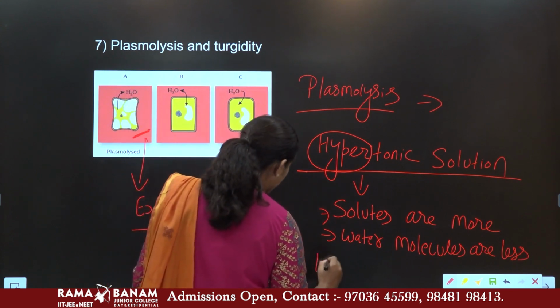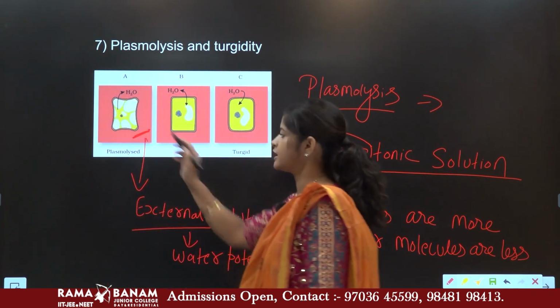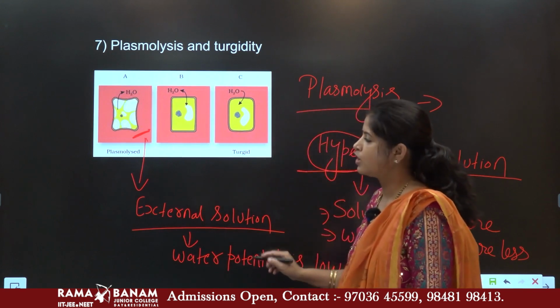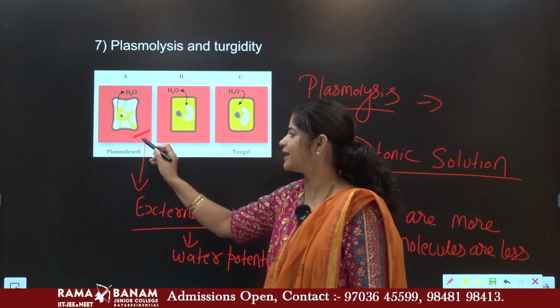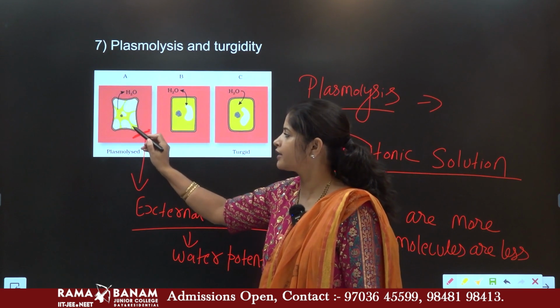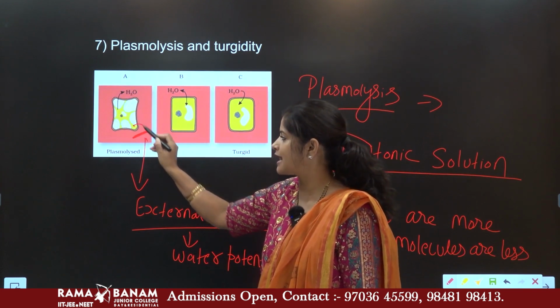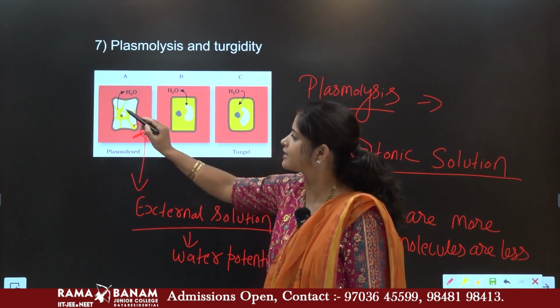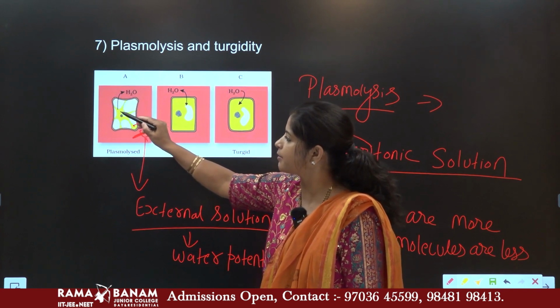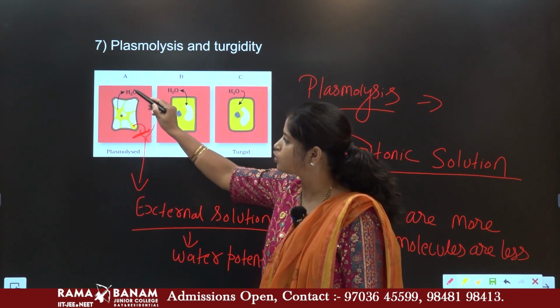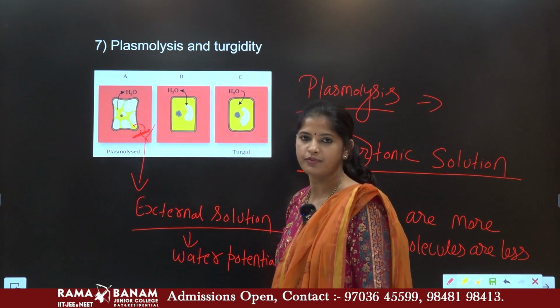In external solution, water potential is low. So when water potential is low in the external solution, water moves from the cell. You can see clearly that water is coming out from the cell to the external solution.